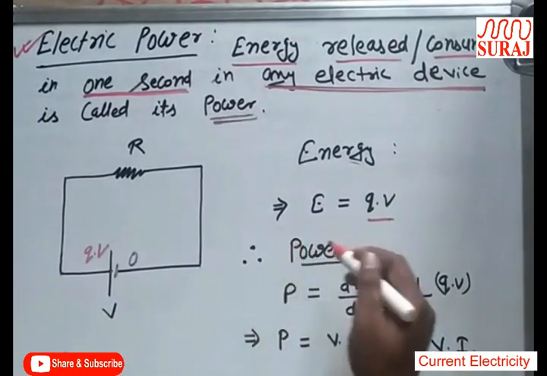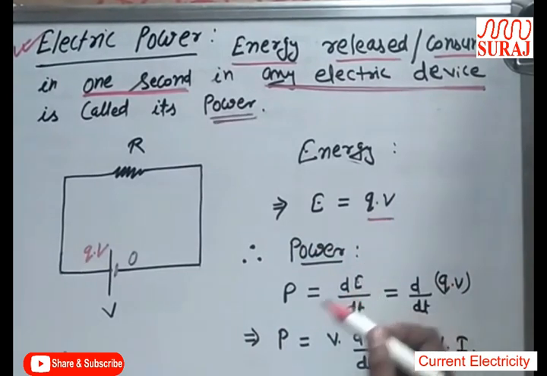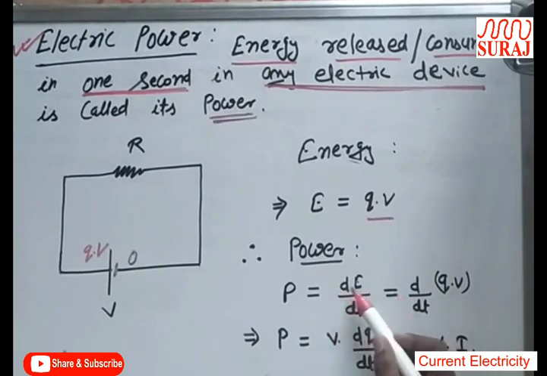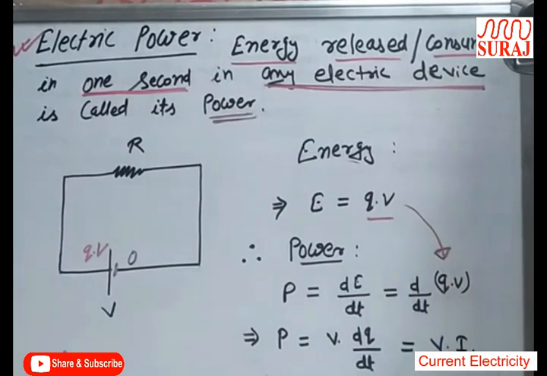So power is the rate of change of energy consumed or dissipated or released, dE by dt. Putting the value of energy, Q into V. Since V is a constant voltage, because the battery is a source of constant voltage, it will be written as V dQ by dt.